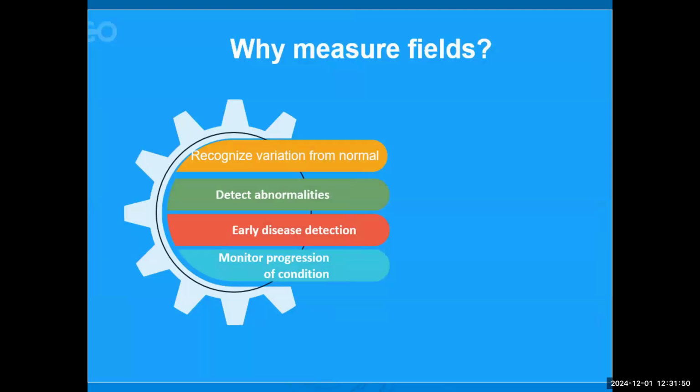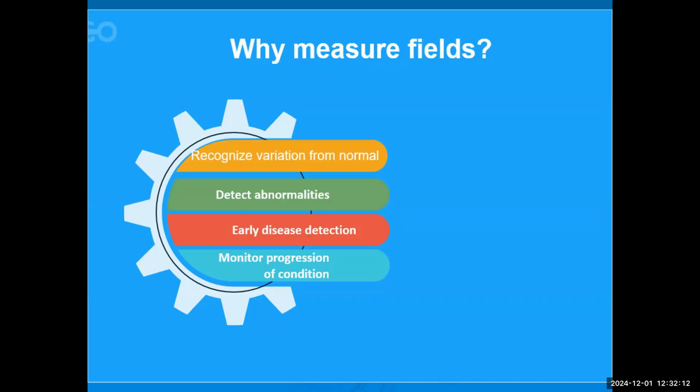The patient is 6/6. What else do we need to know? Why should we know till where he's able to see? Mainly it's to recognize variation from normal so that we can detect abnormalities. In many diseases the vision may be 6/6, but the visual fields are compromised, which can definitely affect the patient. So just by doing proper visual fields, we can detect the disease.